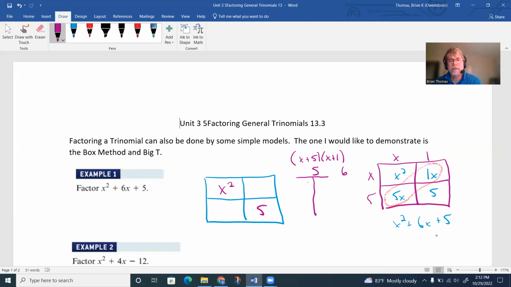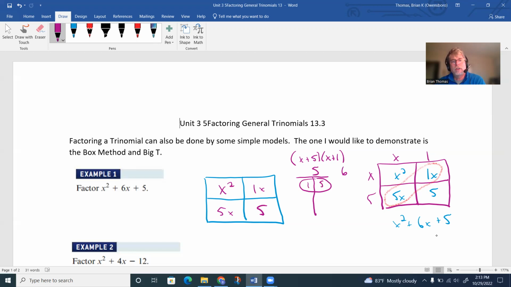Well, there's only one pair of factors of 5, which is the 1 and the 5. Notice how 1 times 5 does give you this 5, and 1 plus 5 does give you the 6. It has to pass both of those tests. If it does, then these become the linear coefficients. So this becomes this 1x and this 5x. So what happens is we build the inside first, and then once we build the inside, we start to look at the outside.